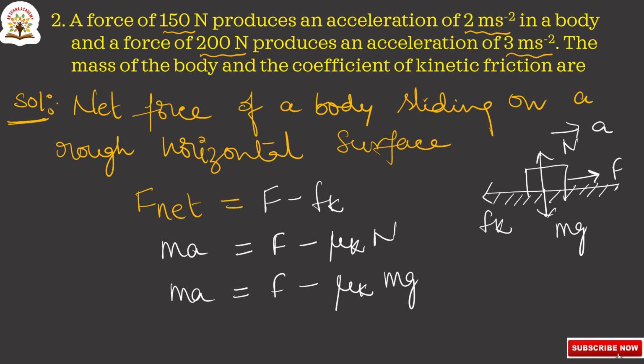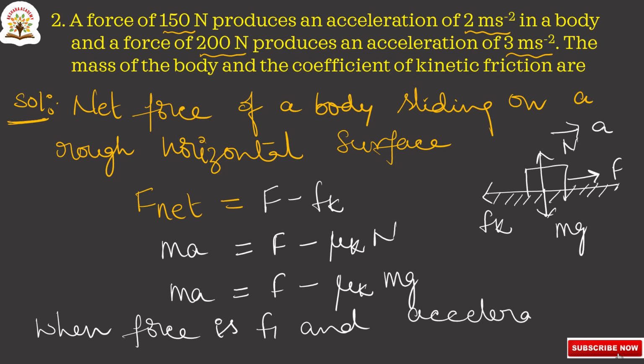So when force is F1 and acceleration is a1, then the equation becomes m a1 equals F1 minus mu k into mg.